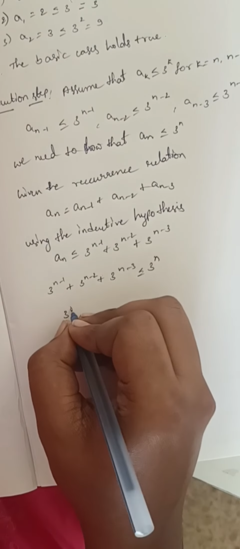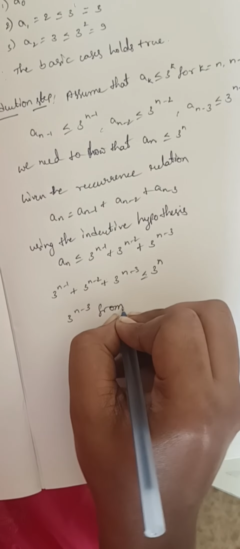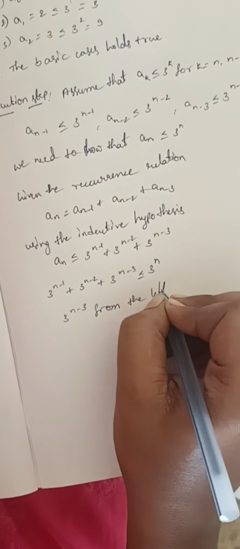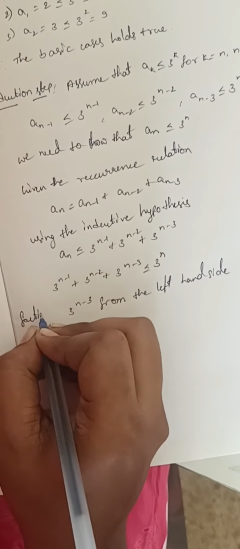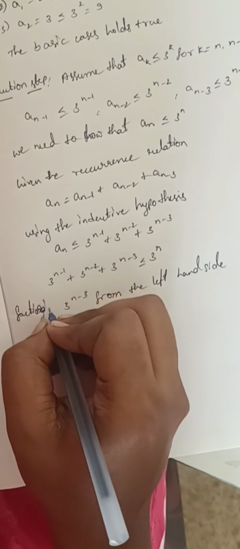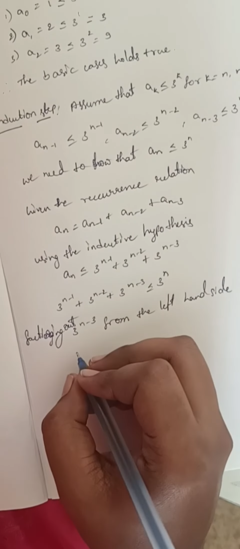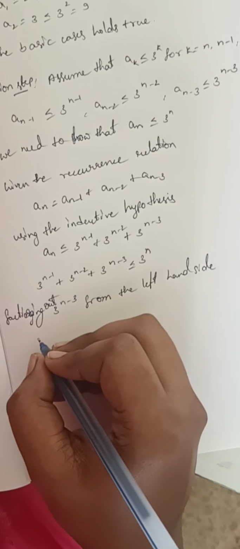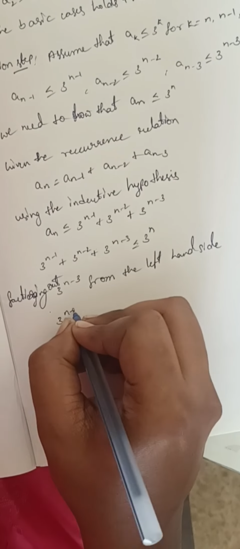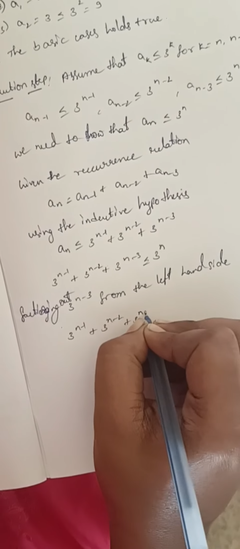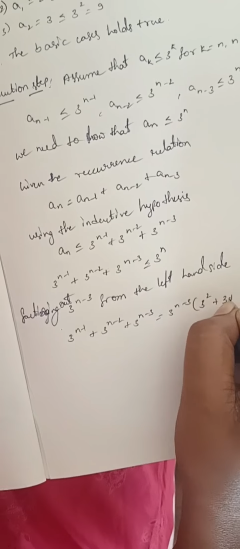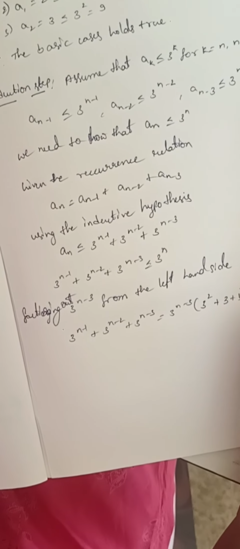Factoring out 3 power (n minus 3) from the left hand side, 3 power (n minus 1) plus 3 power (n minus 2) plus 3 power (n minus 3) equals 3 power (n minus 3) into (9 plus 3 plus 1).